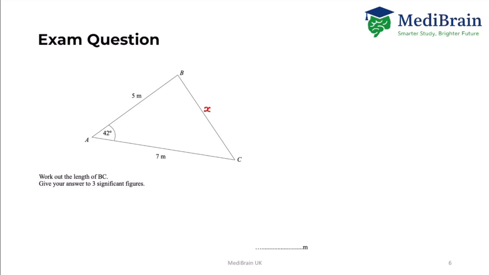Over here, if you include the x, you've got three sides and one angle. That's why you can't use the sine rule here. But I will go back to that question to explain it after we've done this question.